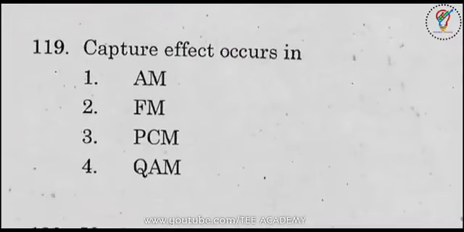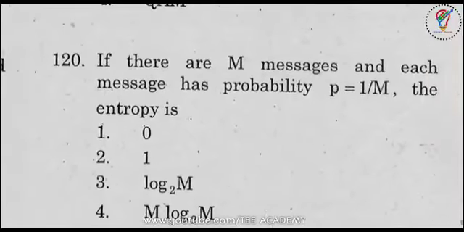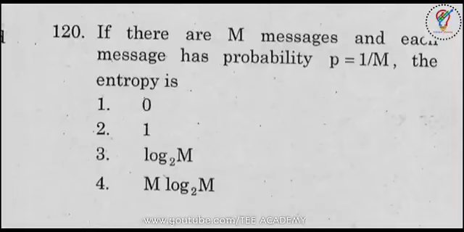Next question: the capture effect occurs in FM. And the last one for this question paper: if there are m messages and each message has a probability p equal to 1 by m, then the entropy is log 2 m. So log base 2 m is the right answer.